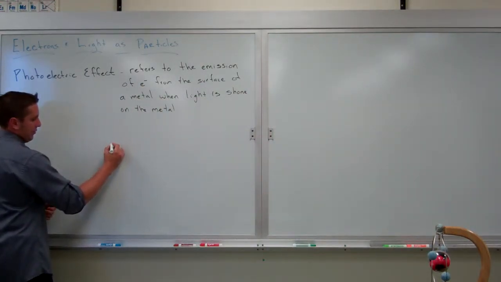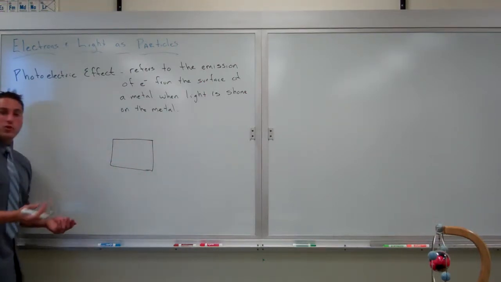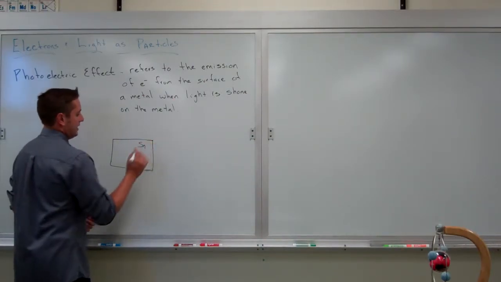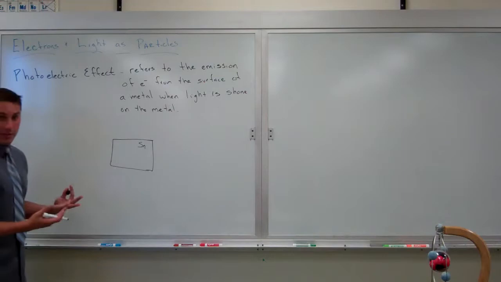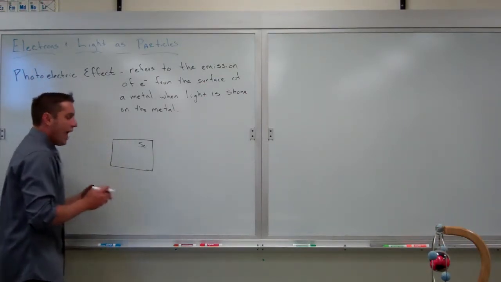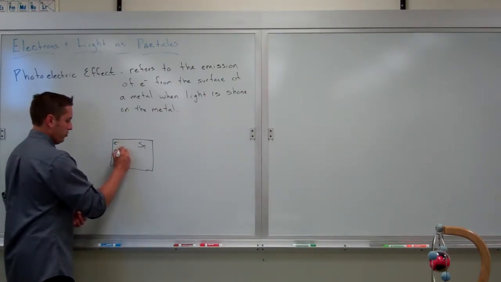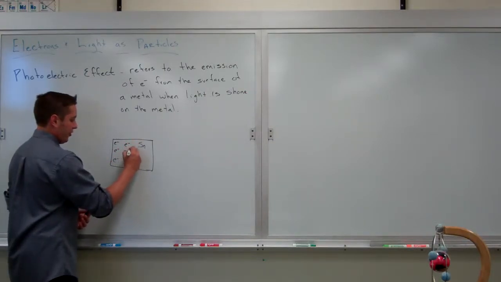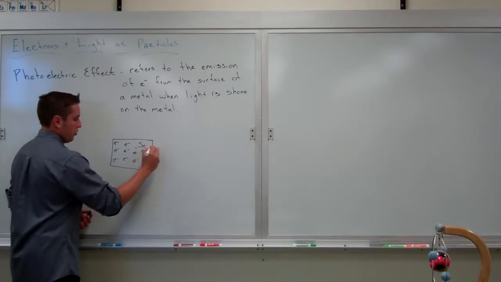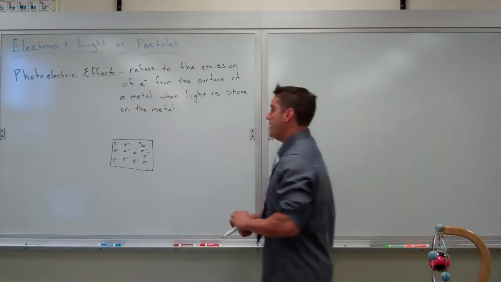You take a piece of metal, and if we choose a metal off the periodic table, say we choose tin, Sn. Tin has a plethora of electrons. Tin's atomic number is 50. That means each atom of tin has 50 electrons. So the surface of this metal is covered with electrons. The idea behind the experiment was this.